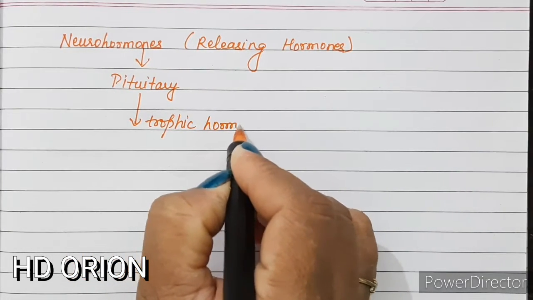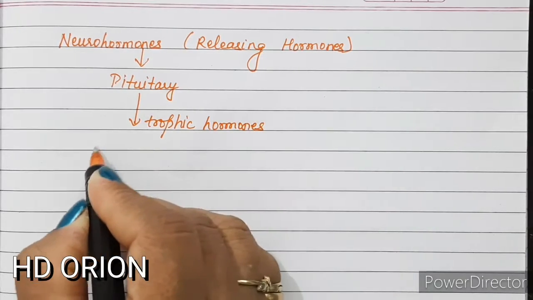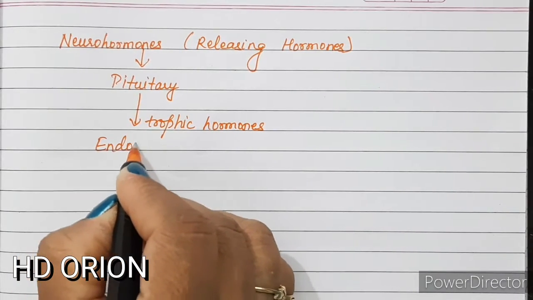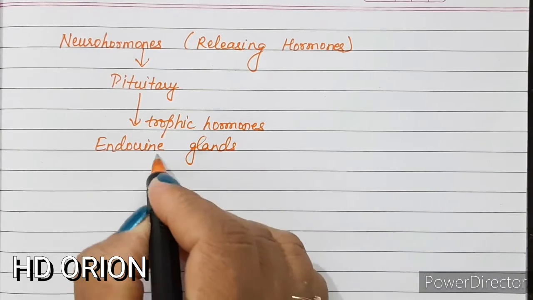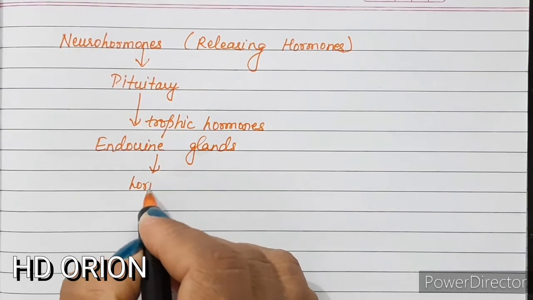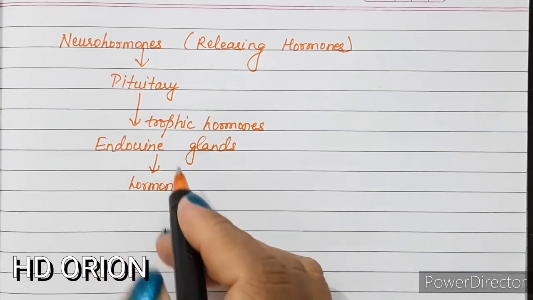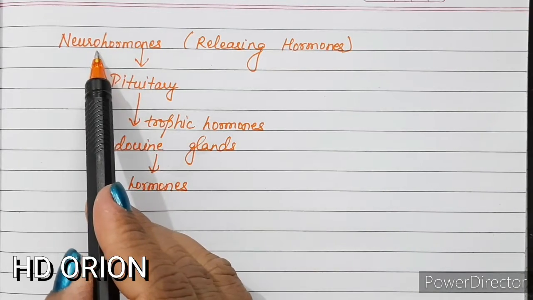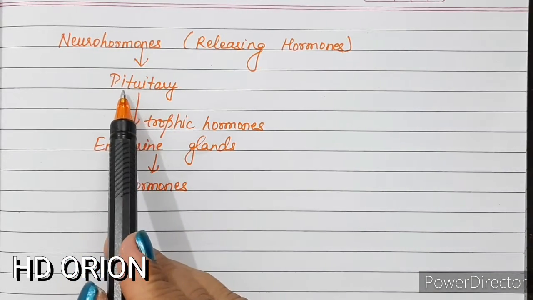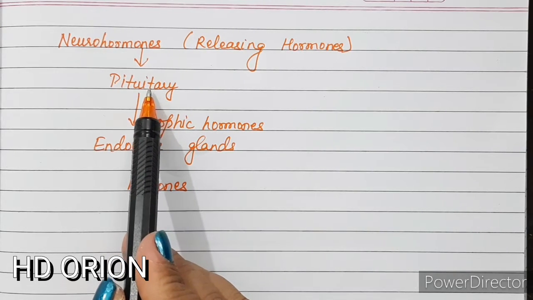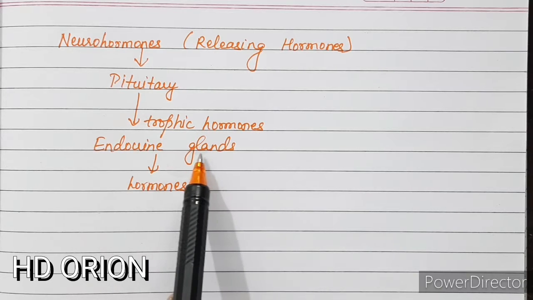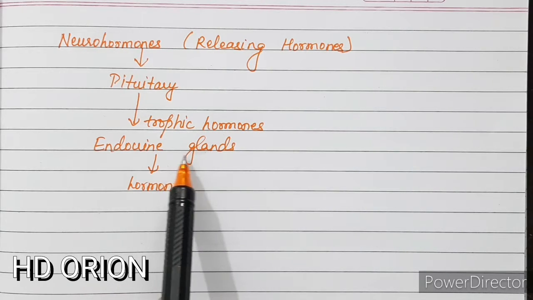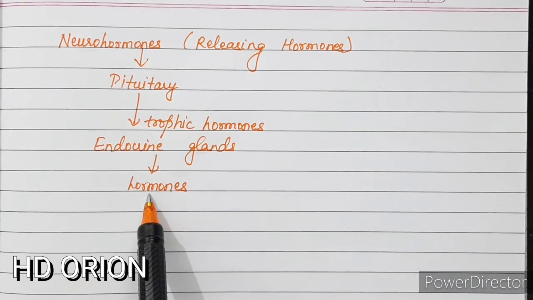The trophic hormones go to the respective endocrine glands and then they secrete their respective hormones. So it is actually the hypothalamus which is secreting the neurohormones, which stimulates the pituitary, and the pituitary secretes trophic hormones which go to different endocrine glands, and then these different endocrine glands secrete the hormones.